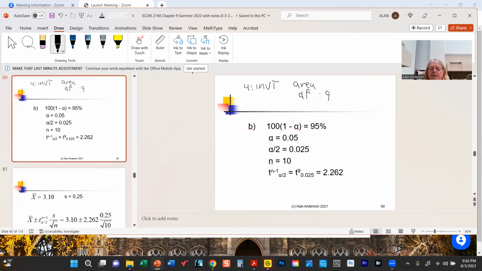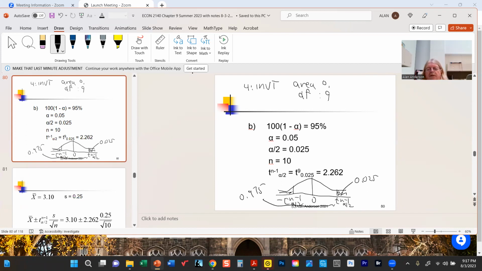Now the area is 2.5% in either tail. Or think of it as everything below this point is 0.975.